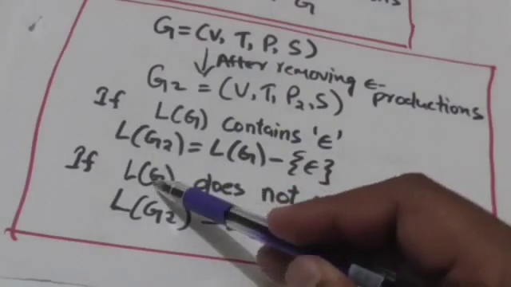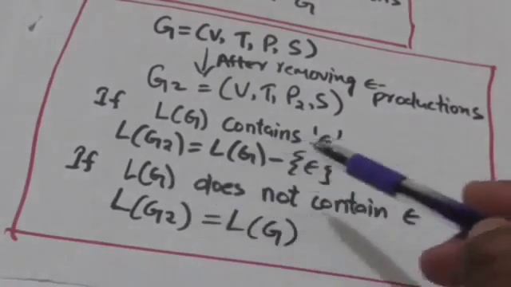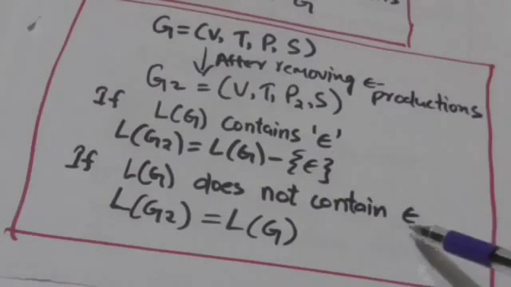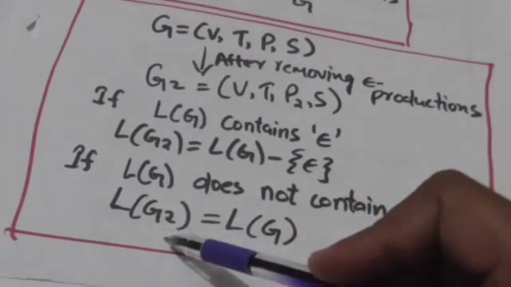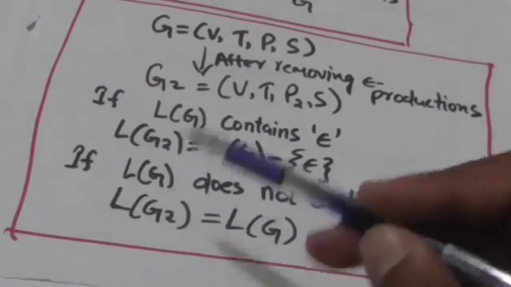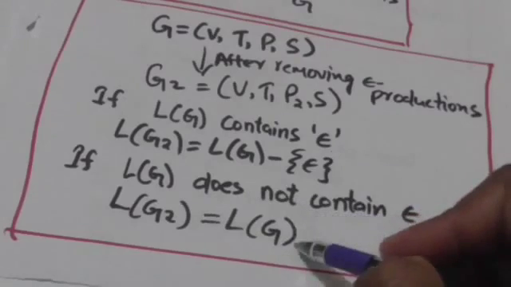If the language of G does not contain the empty string, then the language of grammar G2 will be the same as the language of grammar G.